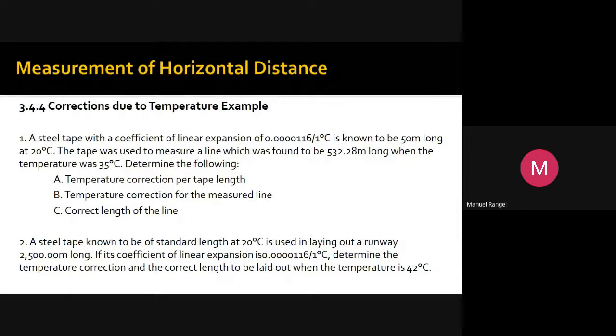Okay. So, halos given tanan, no? So, let's write down again the given. So, given ang coefficient of linear expansion, standard, 0.0000116 per 1 degree Celsius. So, 4 na 0. Then, nominal length 50 and the temperature, the Ts, is 20 degrees Celsius.